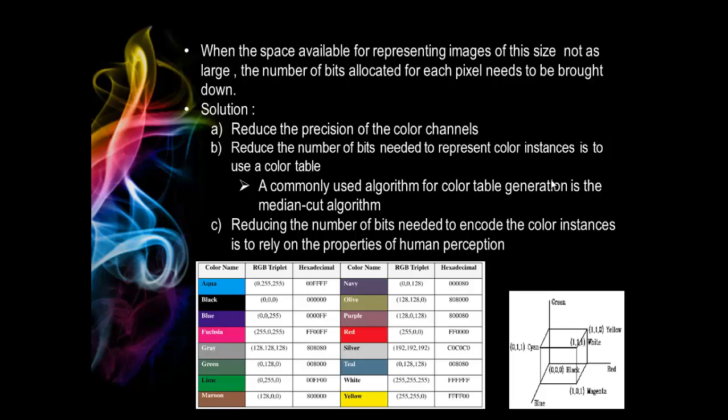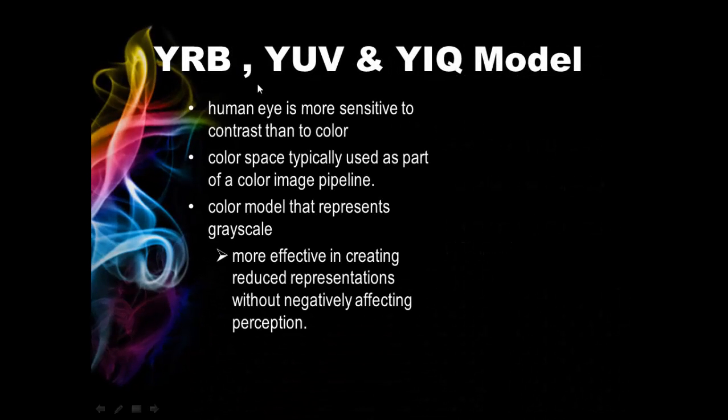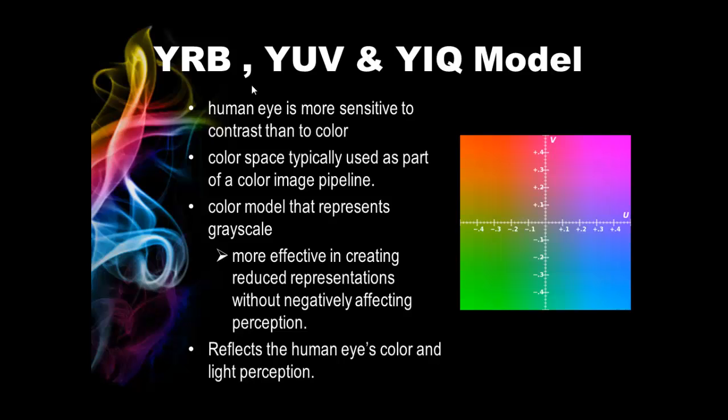Another way of reducing the number of bits needed to encode the color instances is to rely on the properties of human perception: the YRB, YUV, and YIQ models. The human eye is more sensitive to contrast than to color. This is a color space typically used as part of a color image pipeline, a color model that represents grayscale.